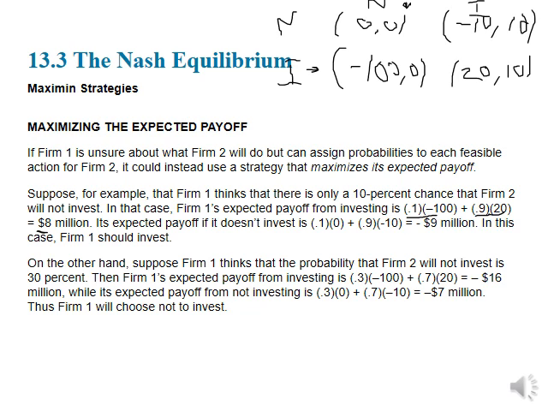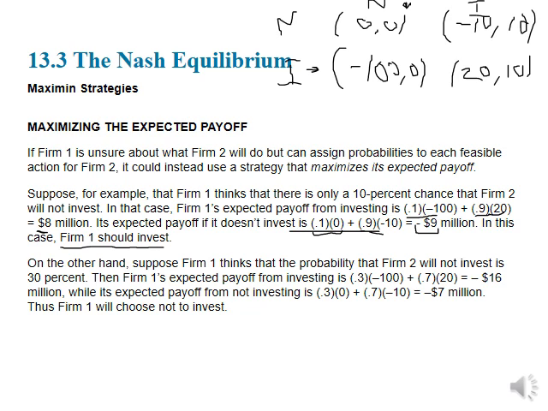Similarly, if we think that 10% chance of firm 2 not investing exists, our expected payoff from not investing is a 10% chance of 0 and a 90% chance of losing 10 million with an expected loss of 9 million. In this case, firm 1 will invest.